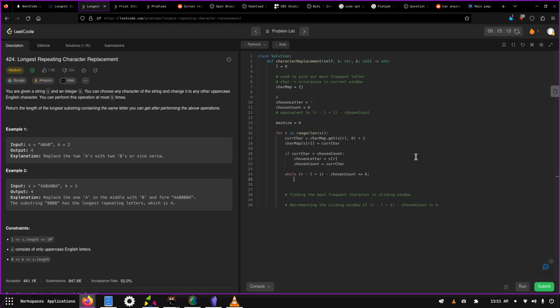What do I want to do? So what's the easiest way to find the max? Because that's what I'm struggling with right now. The easiest way to find a max.